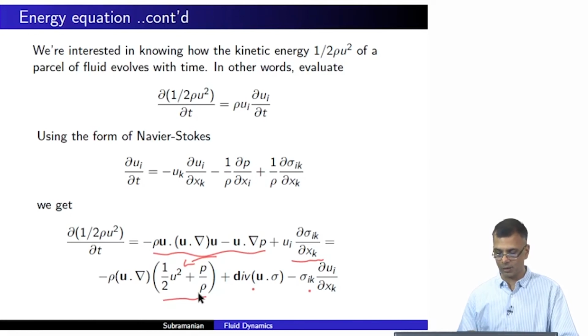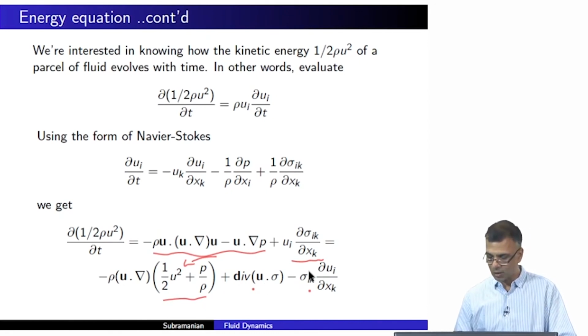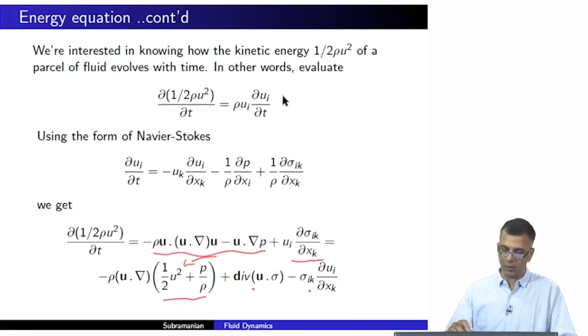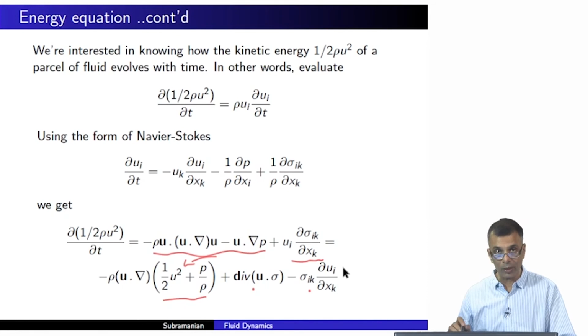And then there's a divergence of u dot sigma, where sigma is the viscous stress tensor. Again, since there's a sigma ik du_i/dx_k, there's a repetition of k, so there's a summation implied. Just like there was a summation implied here, there's a summation implied here as well.